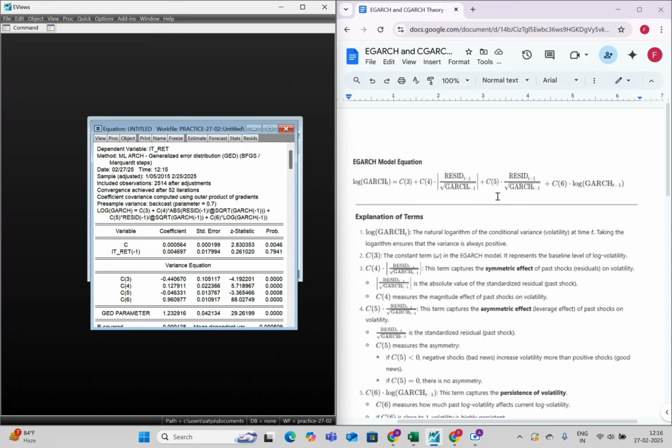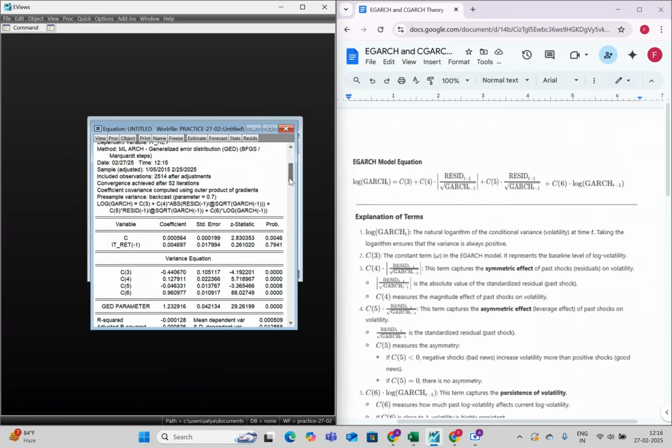The C(5) term basically shows us the asymmetric effect, or the leverage effect, of past shocks on volatility. As we can see here, the C(5) term is negative, less than 0, which shows that negative shocks or bad news increase volatility more than positive shocks or good news.